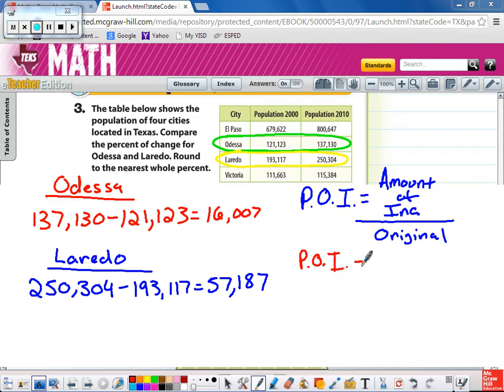My amount of increase was 16,007, and I am going to put that over my original. If we look back at our table, in the year 2000, Odessa had 121,123.